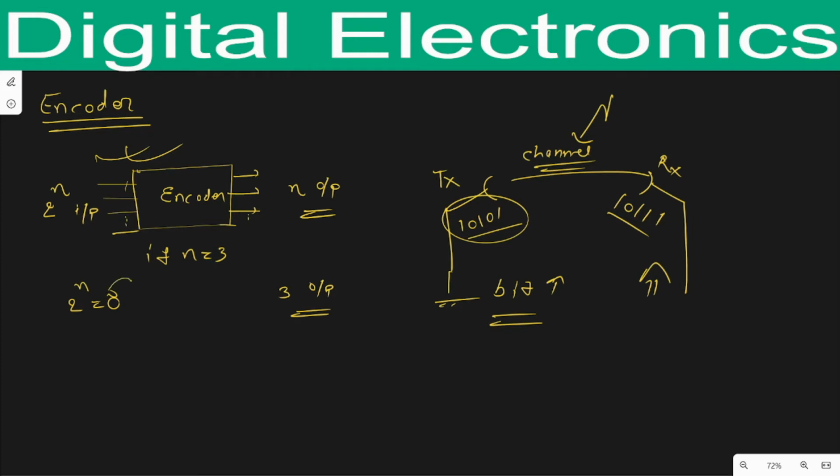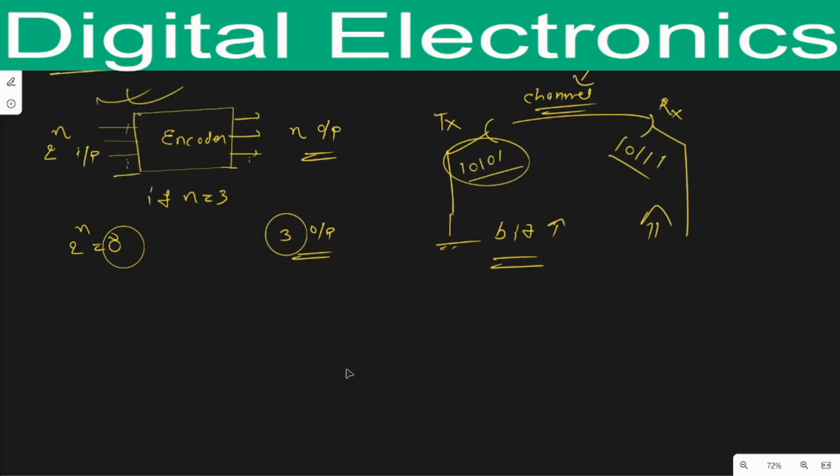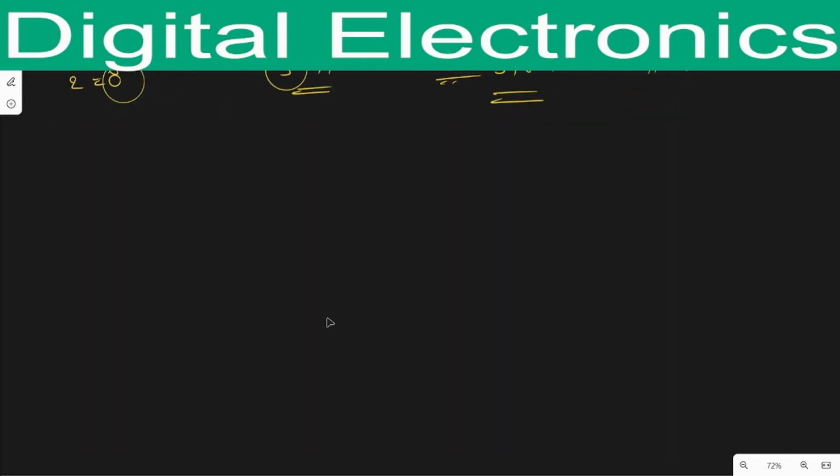The encoder converts high bits into fewer bits. Suppose 8 input bits are there; before transmission the encoder converts these 8 input bits into 3 output bits. If n equals 4, then 16 input bits are there and accordingly 4 outputs will be there.